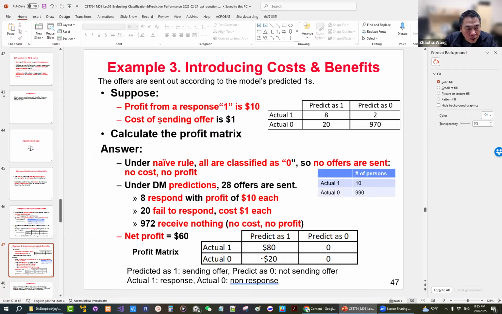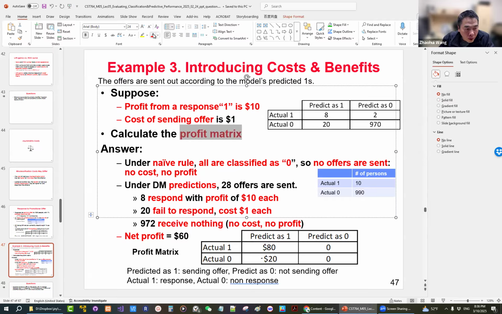The cost for sending out one offer is $1. Now, so that we can derive a new confusion matrix. This confusion matrix will be the profit matrix.